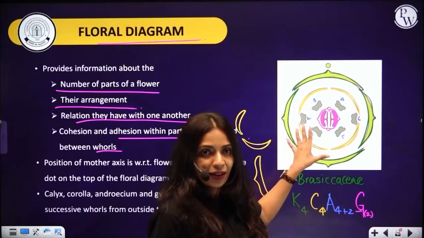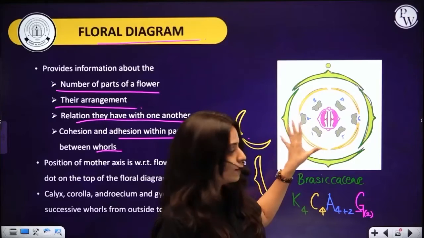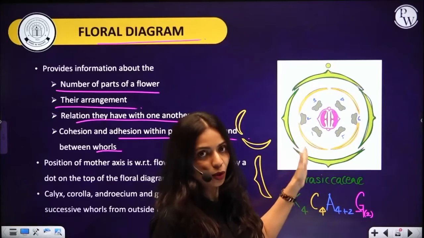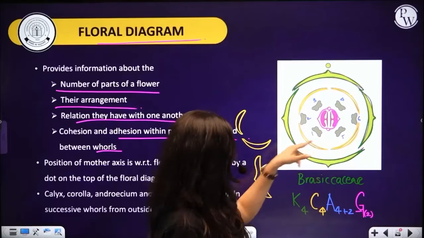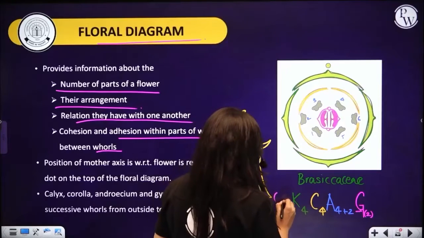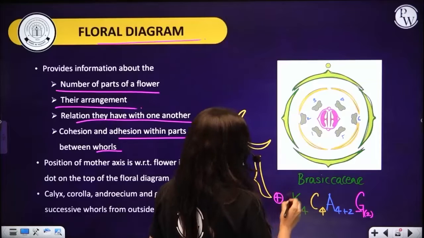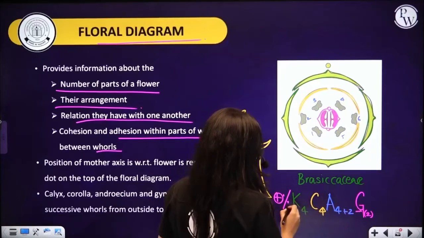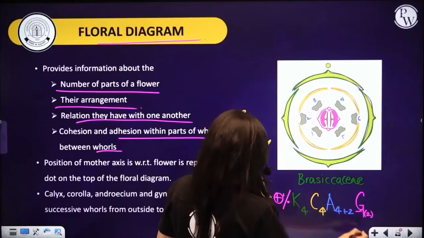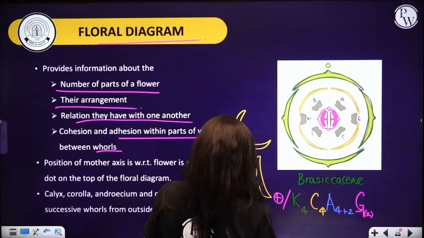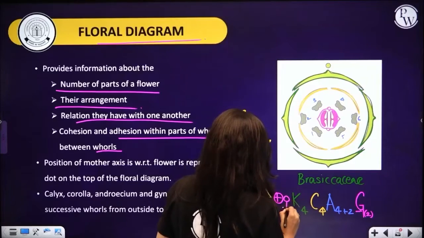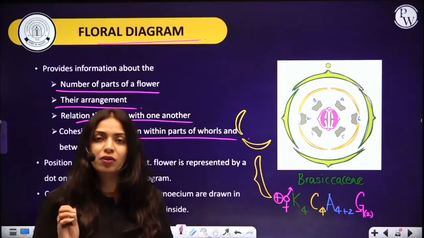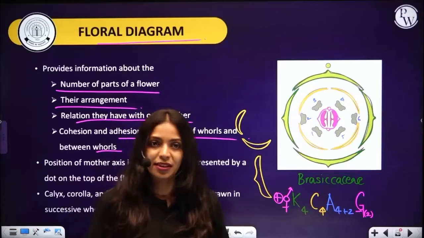So when you look at the structure of this flower or floral diagram, you can also make out whether it is actinomorphic or zygomorphic. This is an actinomorphic flower, so I'm going to use this symbol. And since it is bisexual, having both androecium and gynoecium, it is bisexual, so I'm going to use this symbol. So this will give us the floral formula of the family Brassicaceae.